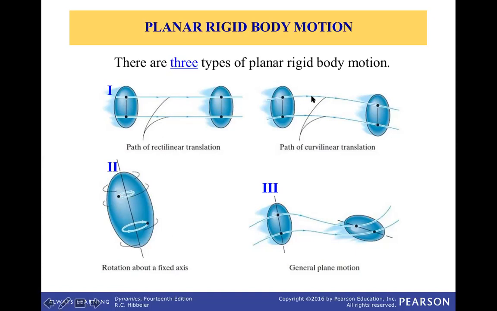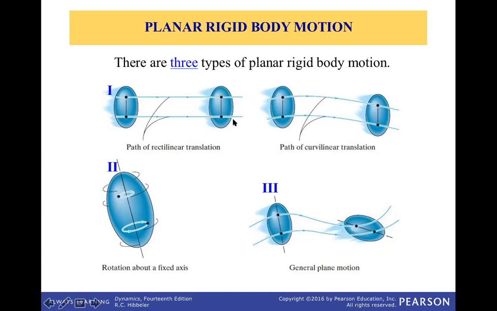If the path curves, but if you connect 2 dots in the body at any given moment the line is still parallel to the line at some point later, this is also translational motion. But if you trace the same point during the motion and it curves, then it's called curvilinear translation.